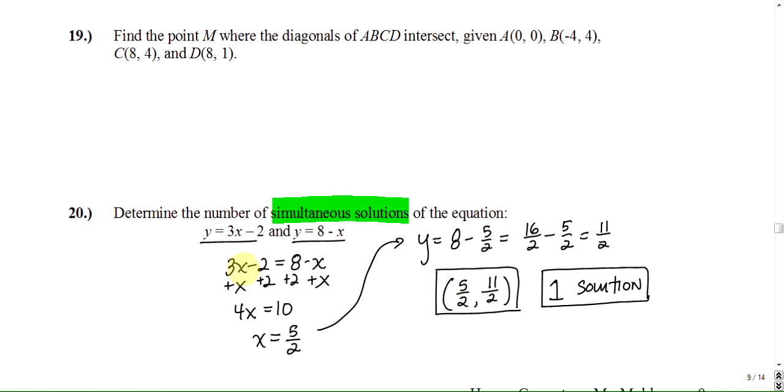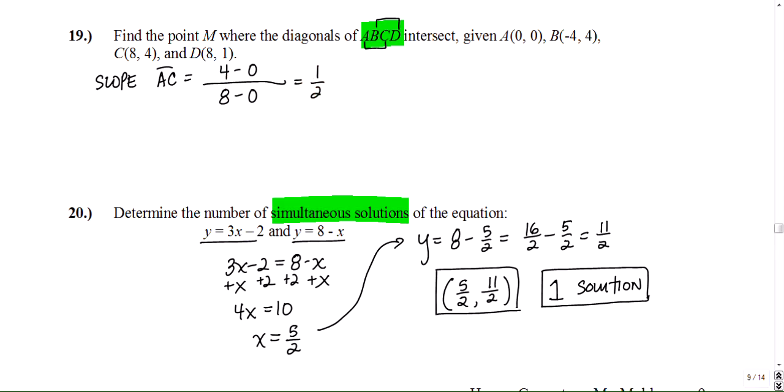I'm now going to go back. I want to find the point M where the diagonals of this quad intersect given these points. And I'm not going to use the midpoint formula like I did previously because I don't know what type of quadrilateral this is. So based on how it's named, AC is a diagonal and BD is a diagonal. So I'm going to find the slope of AC. That's the slope.